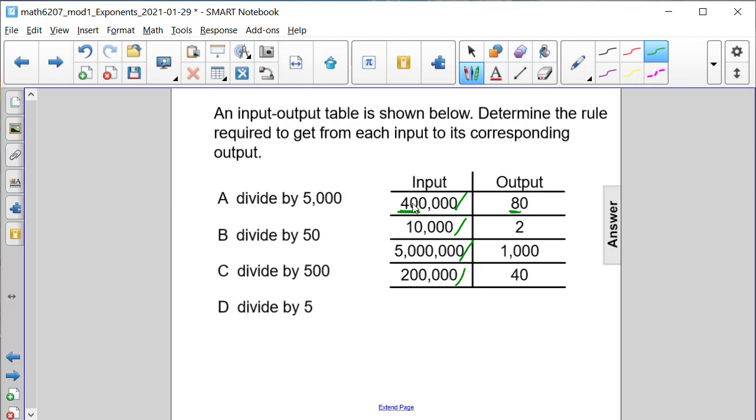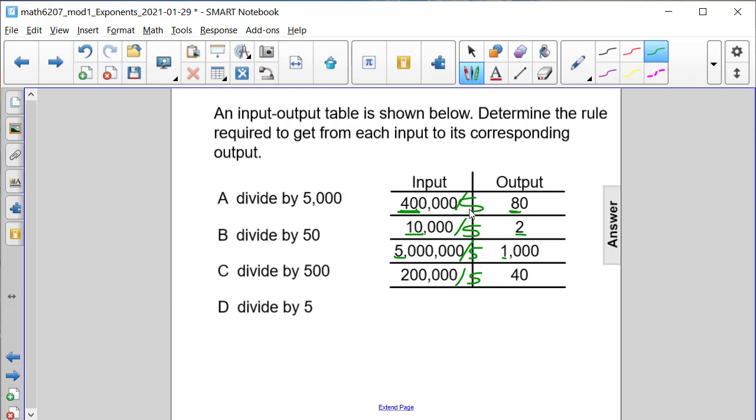What would I divide 40 by to get to 8? 5. Okay, would I divide 10 by 5 to get 2? Yes. What about 5 to get to 1? Yes. So it's going to be either 5, 50, 500, or 5,000.